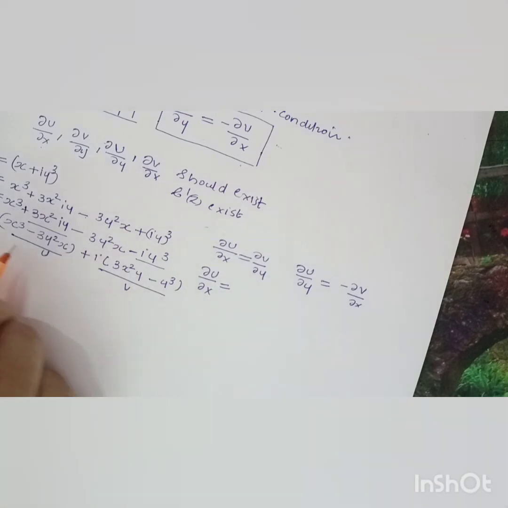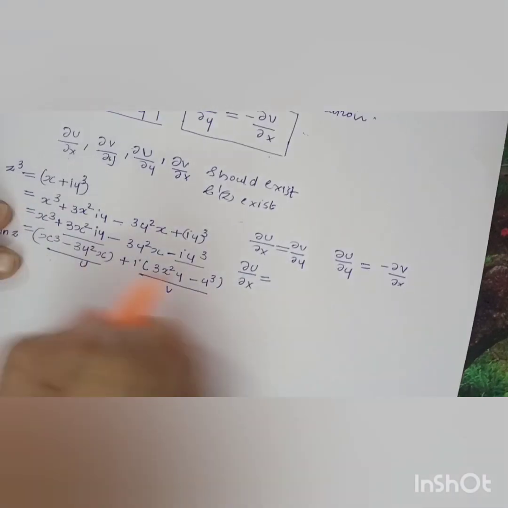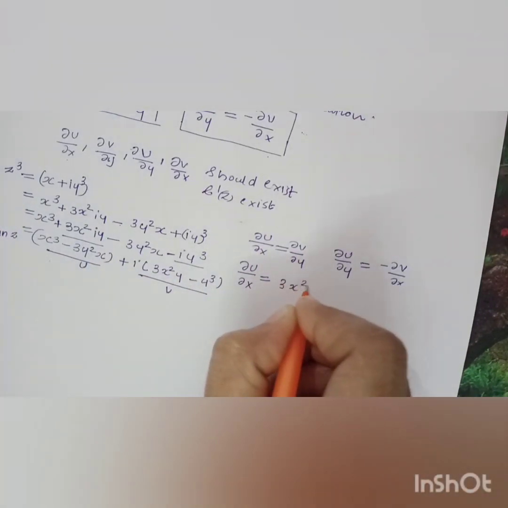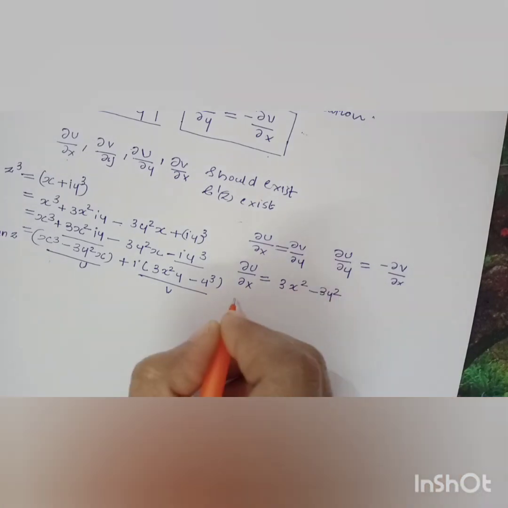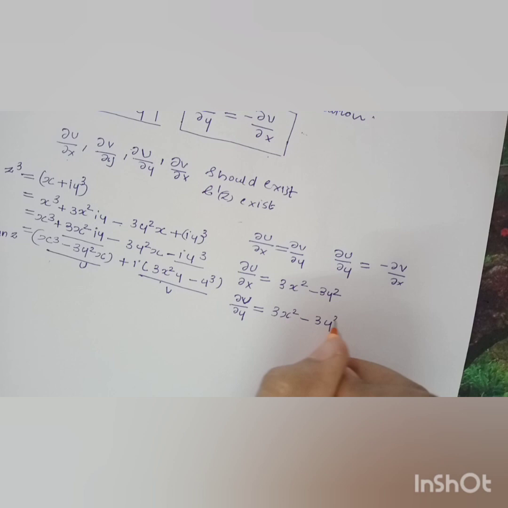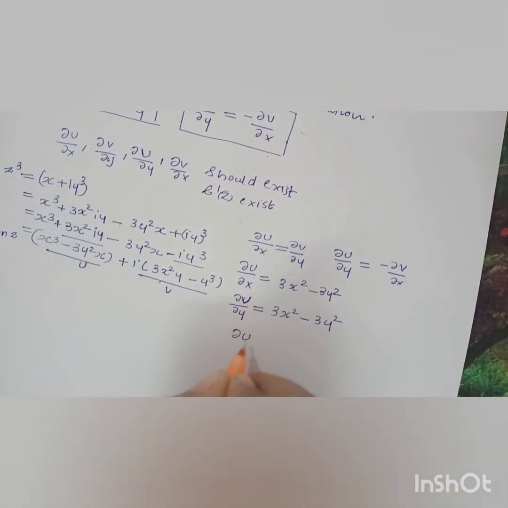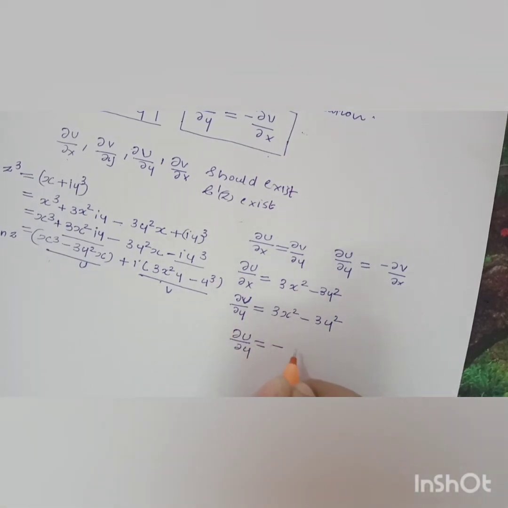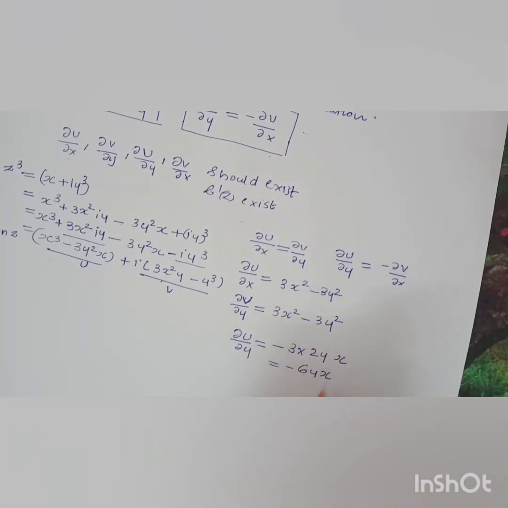Dou u by dou x: we differentiate this function with respect to x, that is 3x square minus 3y square. Dou v by dou y, v is here, differentiating with y, is 3x square minus 3y square. So they are the same. Dou u by dou y is minus 3 into 2yx, that is minus 6yx.